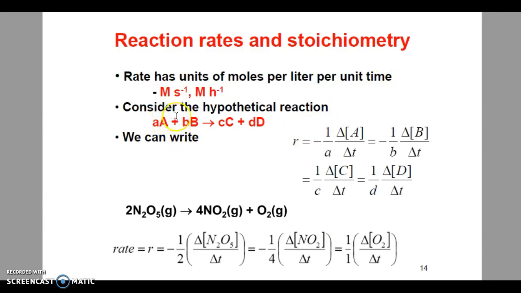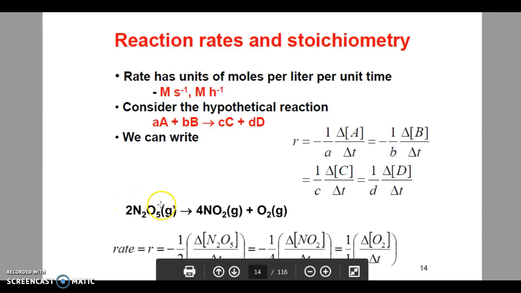Here we can consider a hypothetical reaction: a moles of A reacts with b moles of B, which gives c moles of C and d moles of D. So we can write the rate of reaction R is equal to 1 by a delta A divided by delta T, is equal to 1 by b delta B divided by delta T, is equal to 1 by c delta C divided by delta T, is equal to 1 by d delta D divided by delta T.